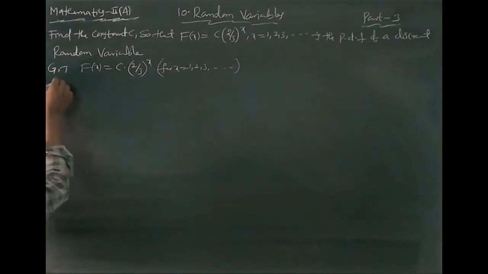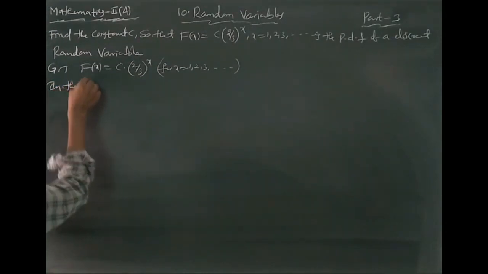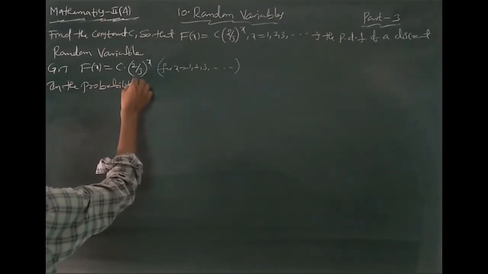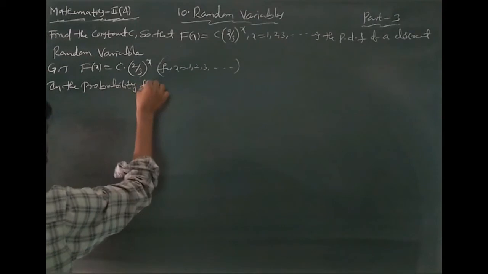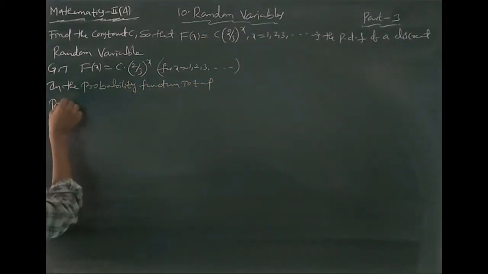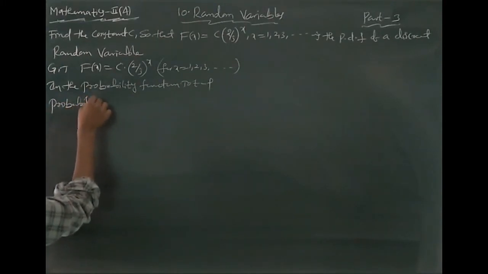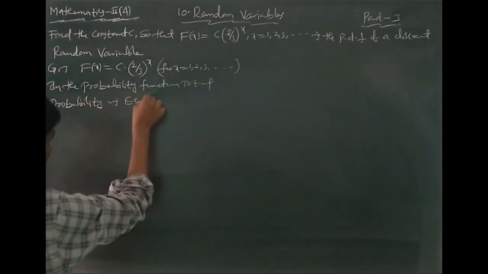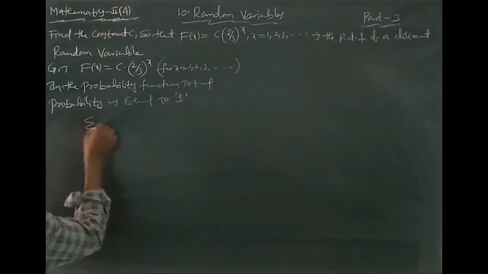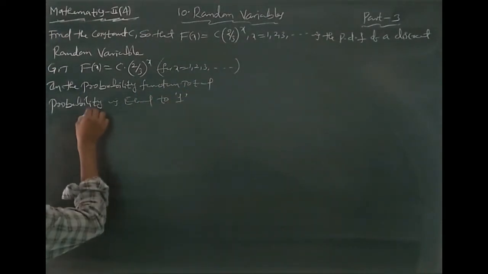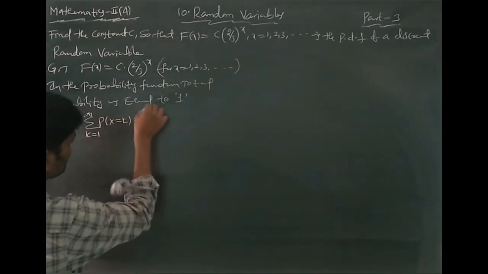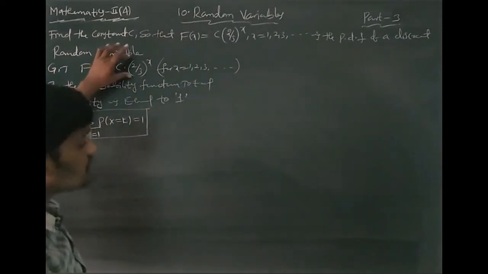Here you can write in the probability function, the total probability is equal to 1. Already explained, every problem in this model. That means summation of k equal to 1 to infinity P of x equal to k is equal to 1. This is the formula. In this formula, a separate form is there.